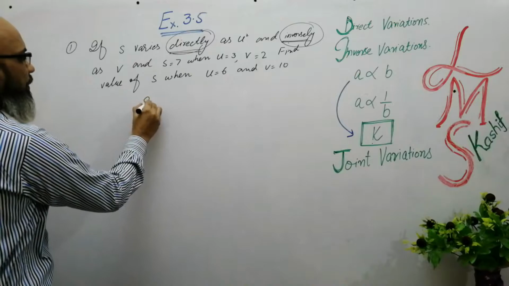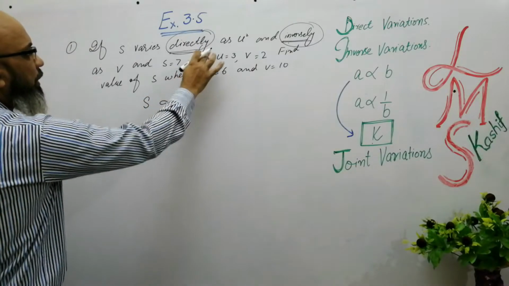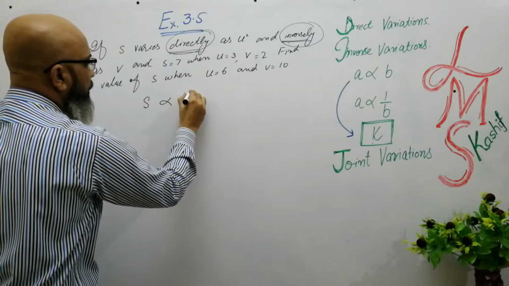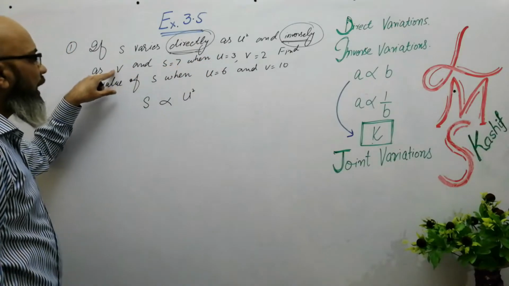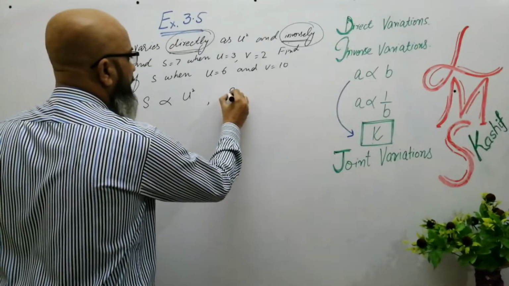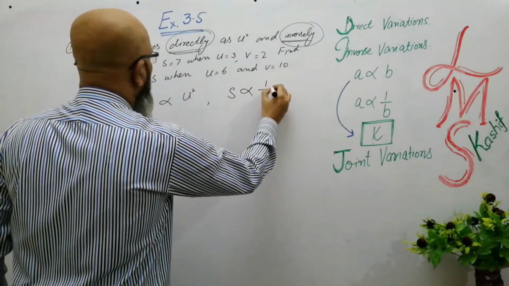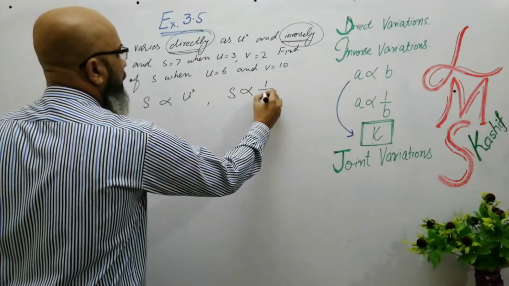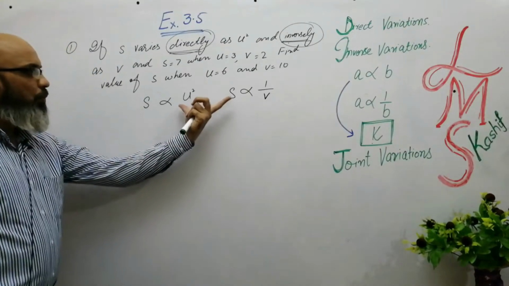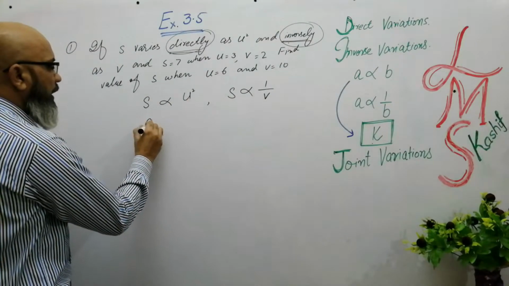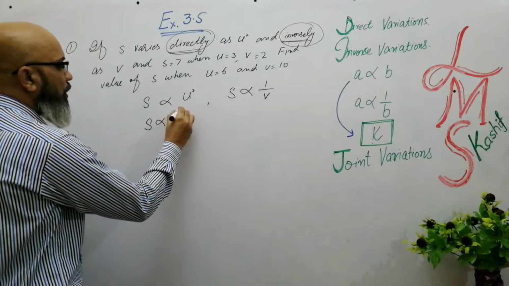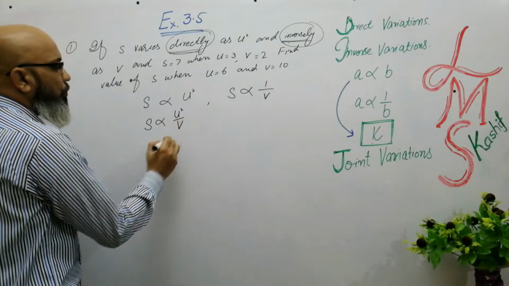S varies directly as u square and inversely as v, means S is proportional to 1 over v. So when we combine these variations, we get S is proportional to u square over v.